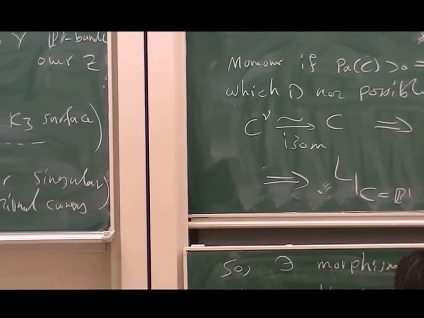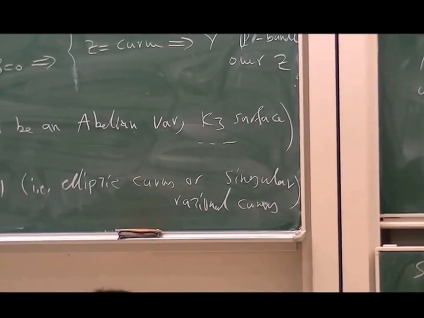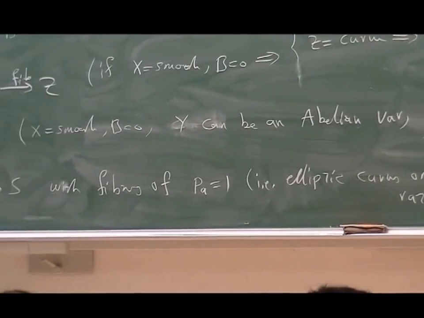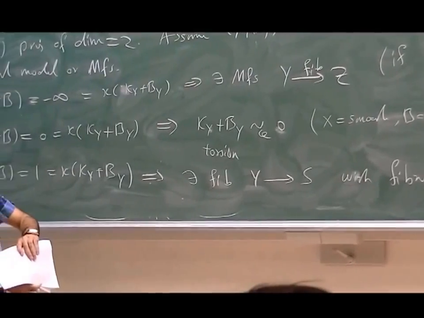So the fibers are very special. You can understand this Y just by looking at the fibers and looking at the base. The base here will be some smooth curve.